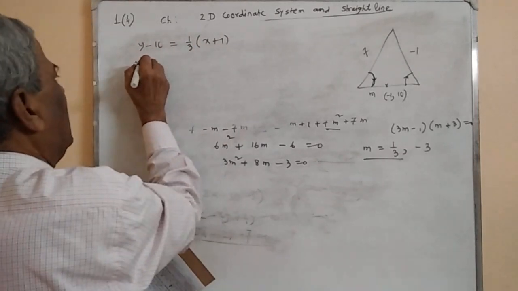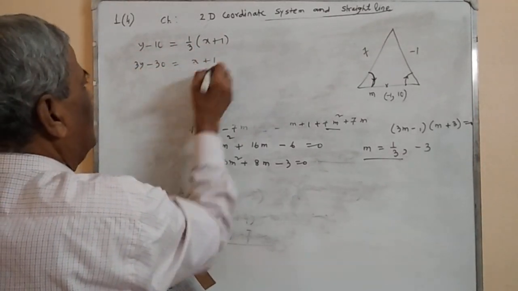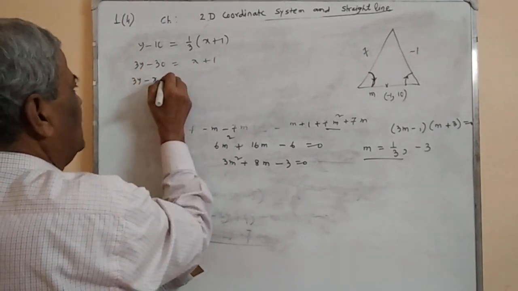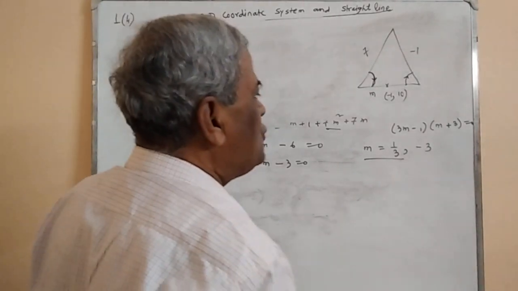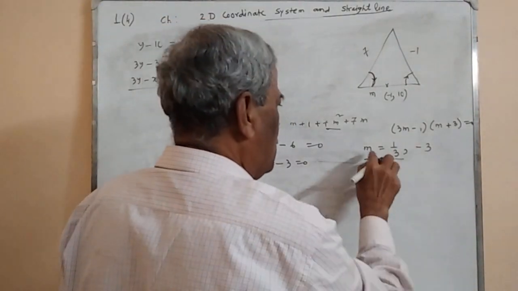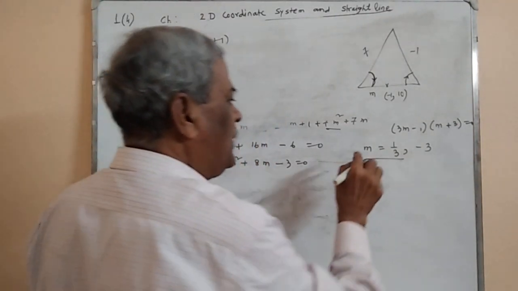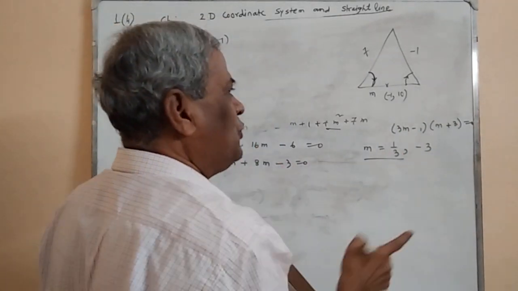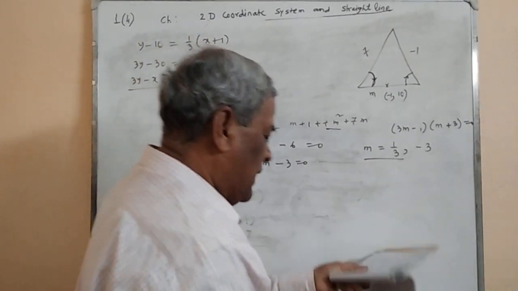That is 3y minus 30 is equal to x plus 1. That is 3y minus x is equal to 31. This is the equation of one of the bases corresponding to m is equal to 1 by 3. Similarly, corresponding to m is equal to minus 3, you can find another equation by the same approach to complete this part.